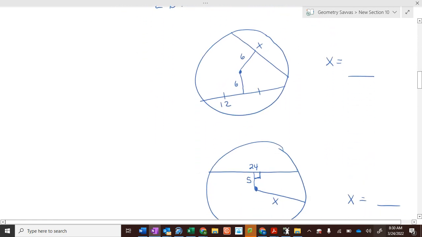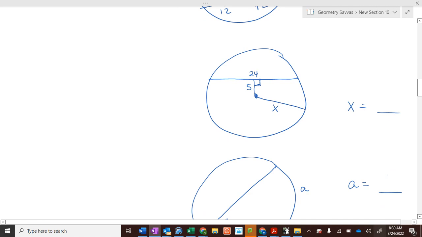All right. How long is x there? 24. Because if this is 12, this is 12, which makes this whole line 24. If it's 6 away from the center and this is 6 away from the center, they are the same length, so they are both 24. Okay?